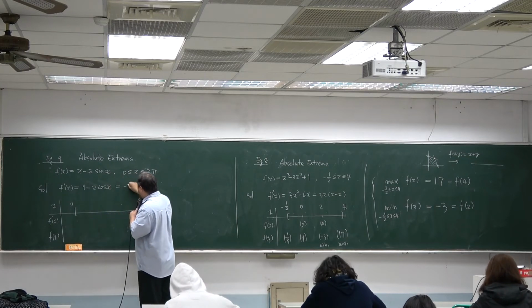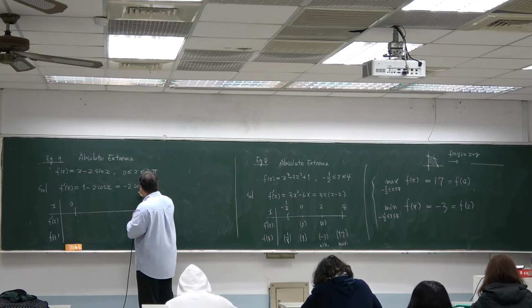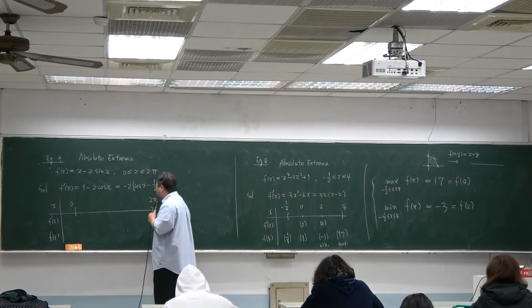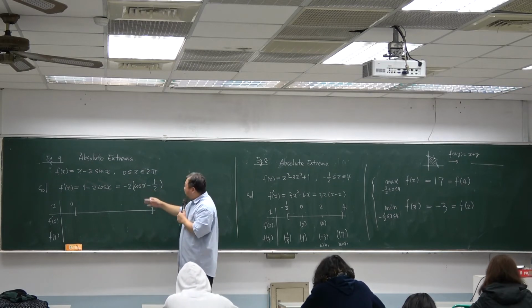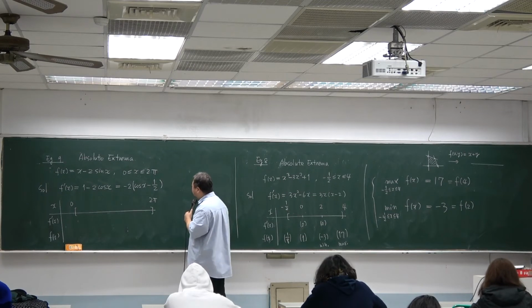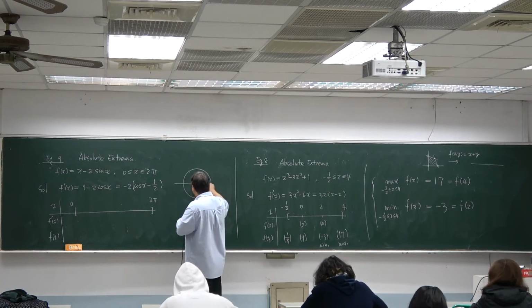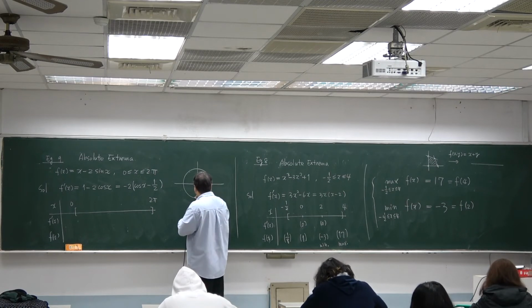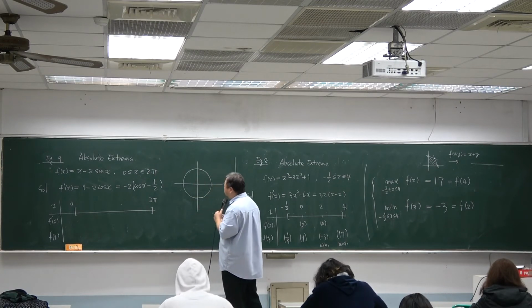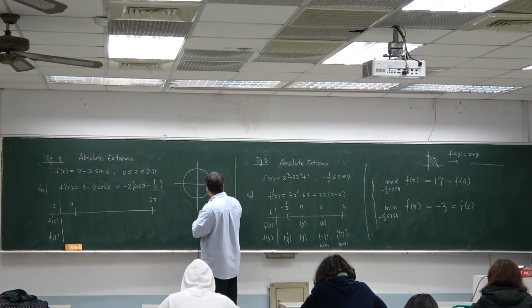Okay, 1 minus 2 cosine x. If f prime is 0, then cosine x equals 1/2, by the definition or equivalent statement of cosine.